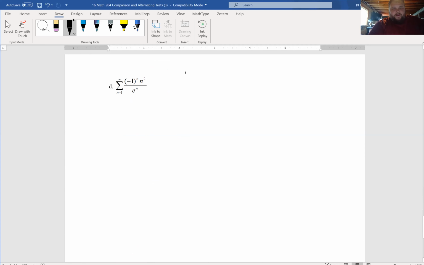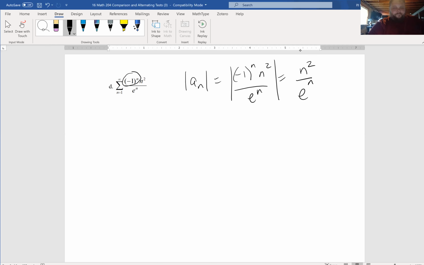So first off, what is the absolute value of a sub n? Well, this just means identify the alternating portion and drop it. The alternating portion here is -1 to the n. So it will disappear and I will be left with these terms.